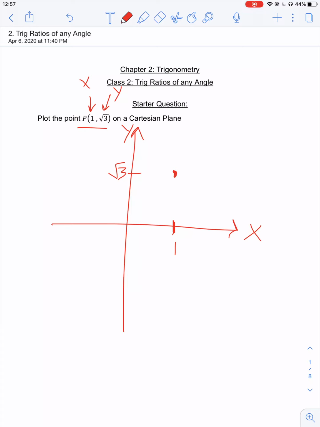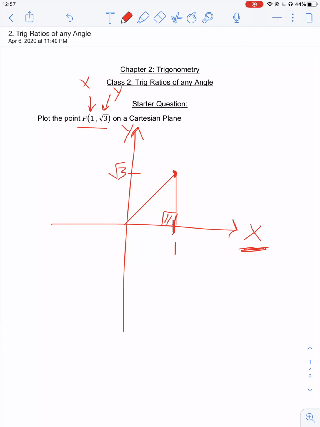Now, what I'm going to ask you to do is whenever you plot a point, connect that point to the origin. Now, this is not what the question was asking you to do, but it's a wise thing to do. And also connect that point to the x-axis, okay? So this is your x-axis. When you do that, you're actually going to have a right angle triangle.